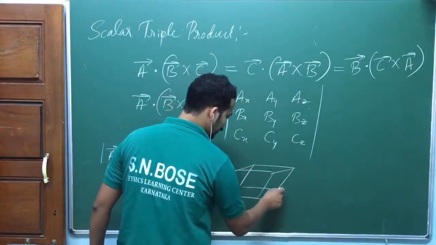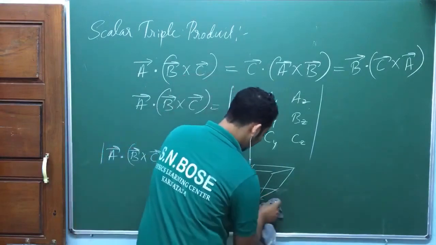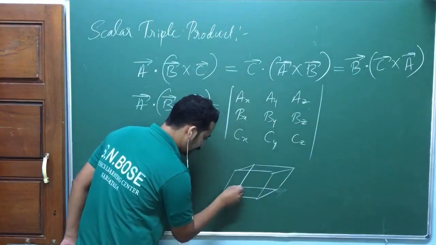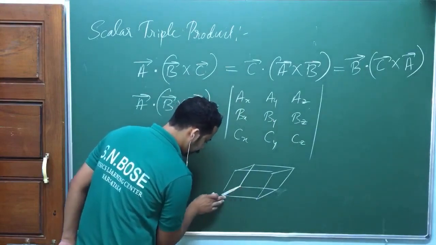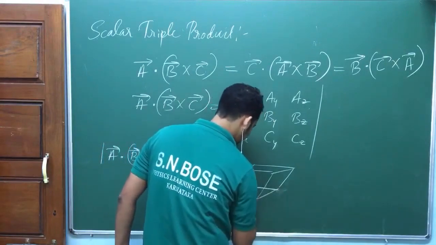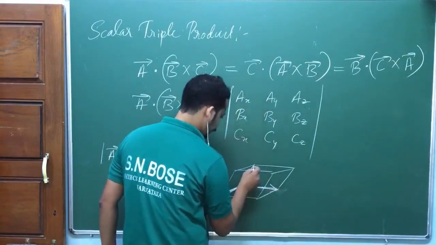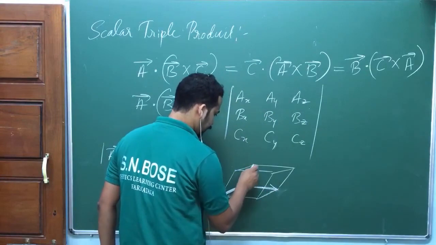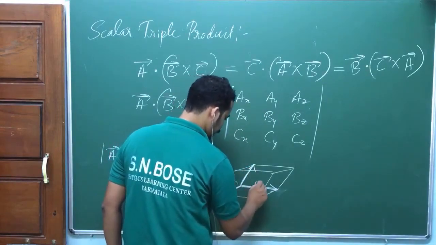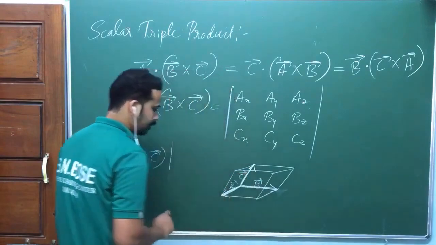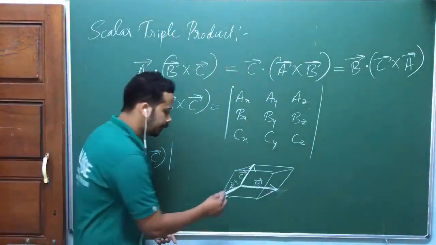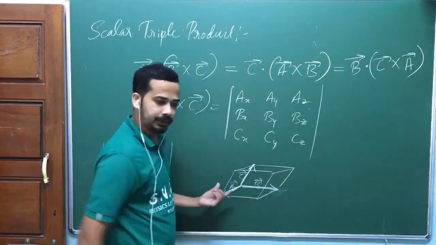This is a nice way to draw. This is vector A, this is vector B, this is vector C. So this is equal to the volume of the parallelepiped generated by A, B, C.